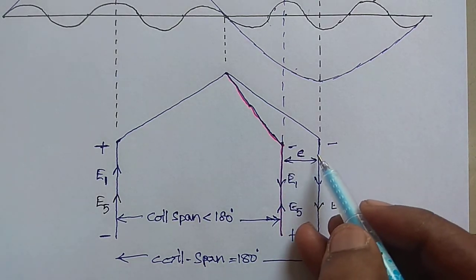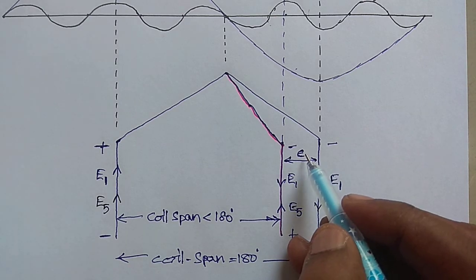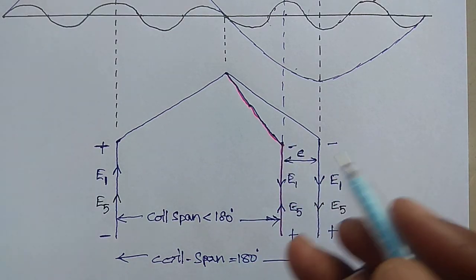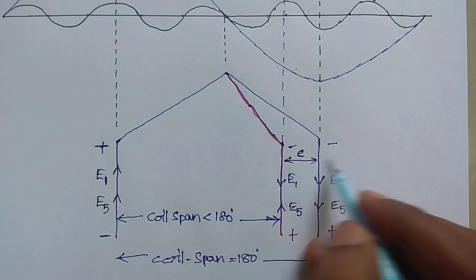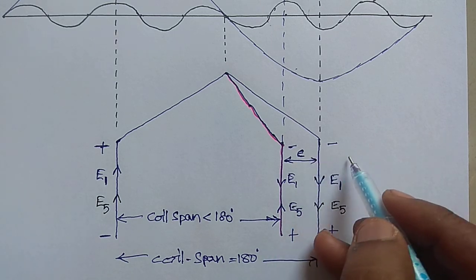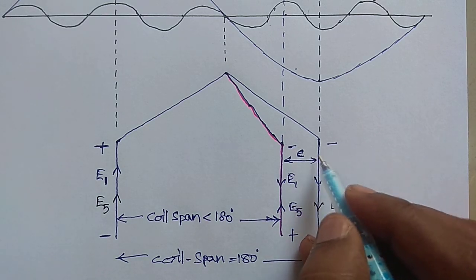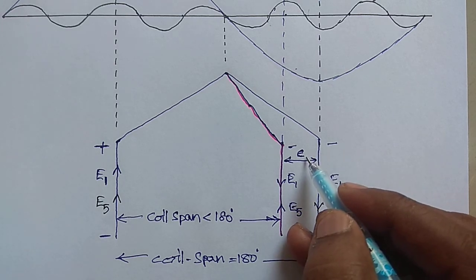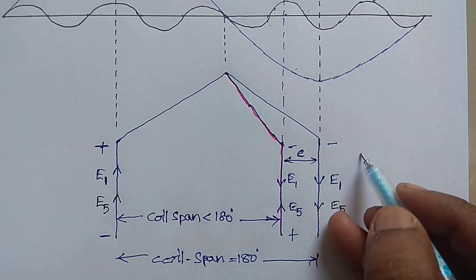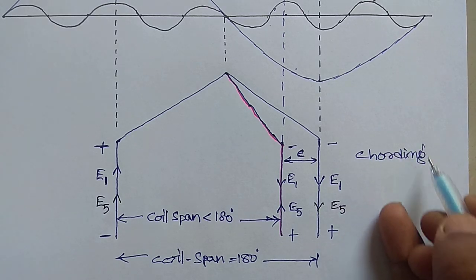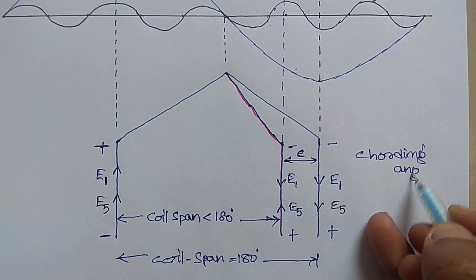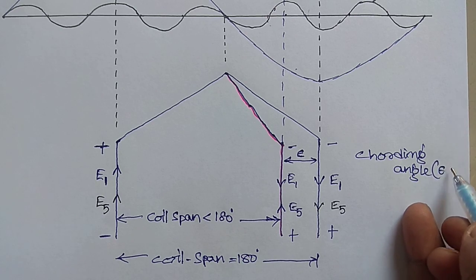This epsilon, in some textbooks they give it as alpha also. This decreased angle you call the chording angle. Chording angle epsilon.